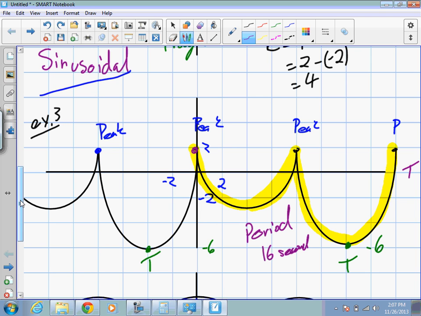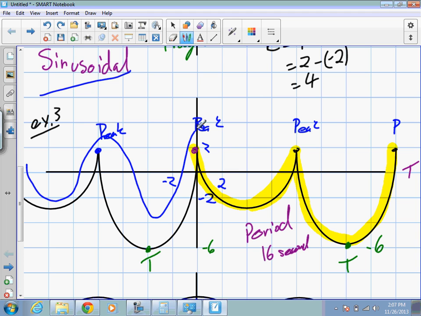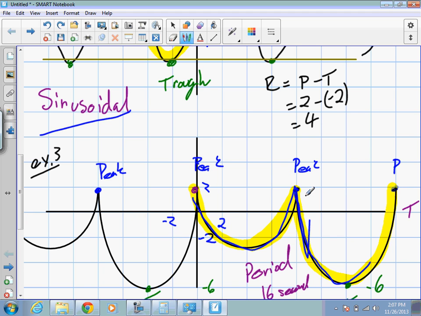The wave-like pattern would have to go down and then come back up, down and up. Because this is very sharp at its peaks. Its troughs are very wave-like, but the peaks are very sharp. What I mean by that is it changes direction very quickly. A sinusoidal function is very gradual as we go through a wave-like pattern. So this one would be just periodic. It would not be considered sinusoidal.